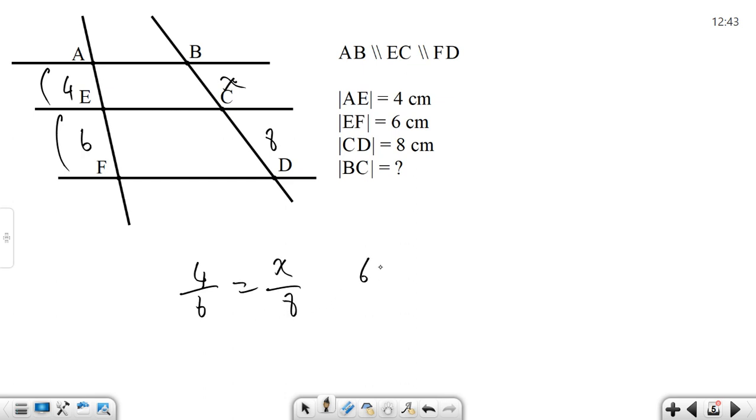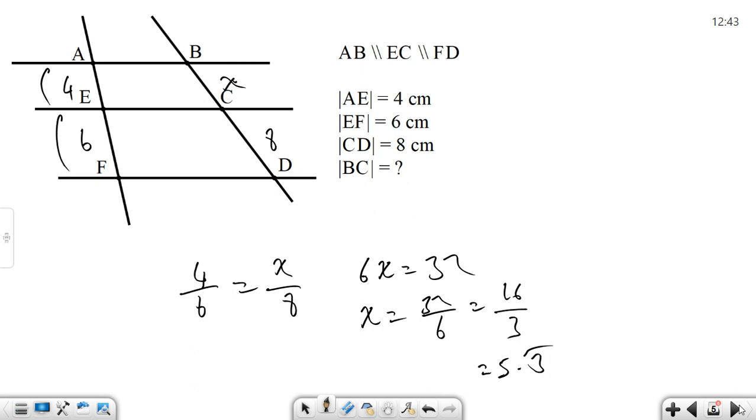Make the cross multiplication. 6X equal 32, X equal 32 over 6, which equals 16 over 3. That's again 5.3 repeating. Let's continue.